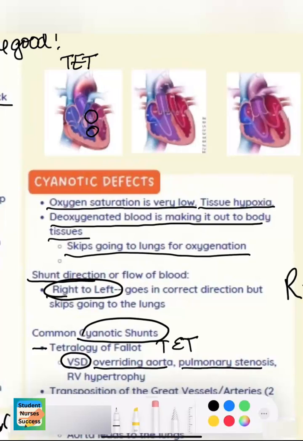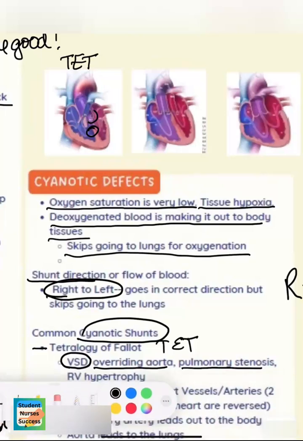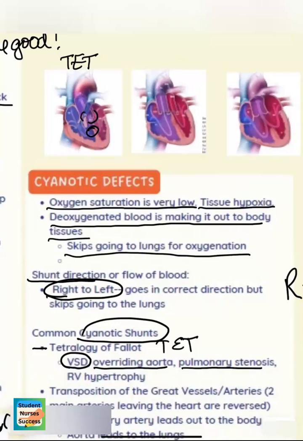Let's see if we can fix that here so that you can see that. We have a very tight pulmonary valve, so we're not getting much blood to the lungs. And the last thing is this right ventricle has gotten really thick, and so it decreases the amount of blood that's in it. So this is 4 defects in tetralogy of Fallot, and all of these defects lead to decreased oxygen saturation going out to the body.